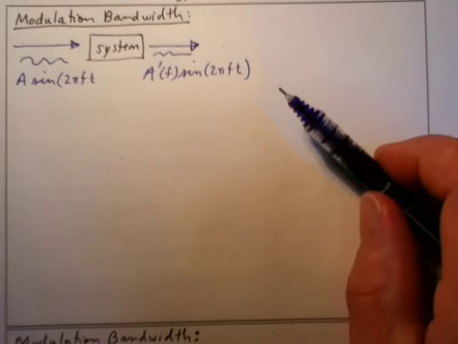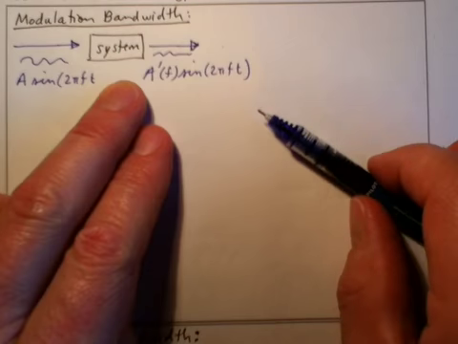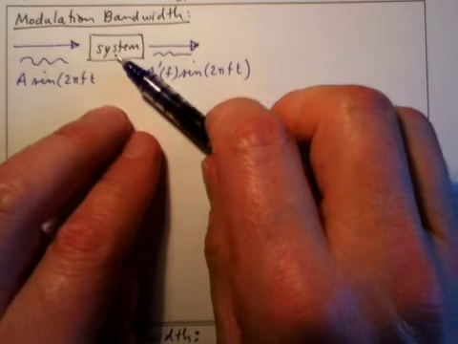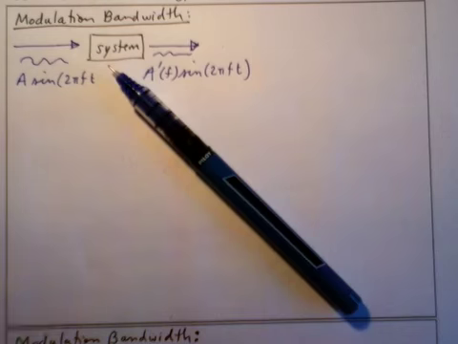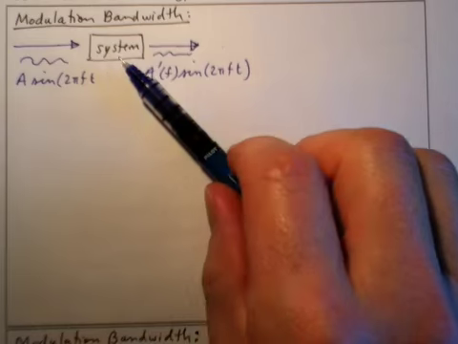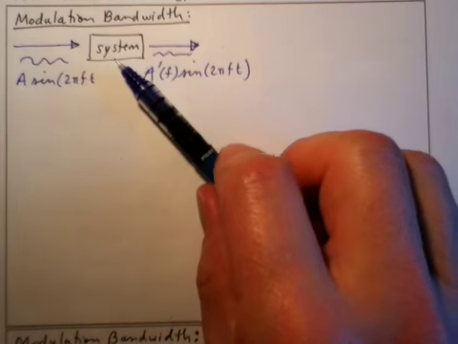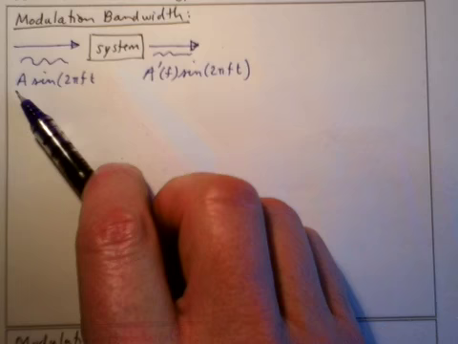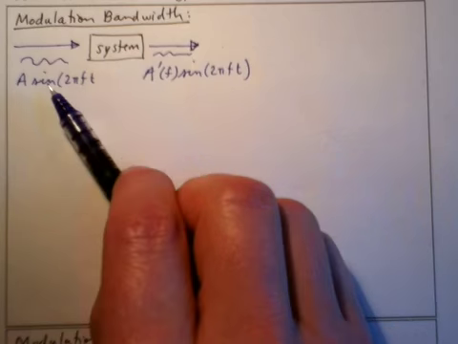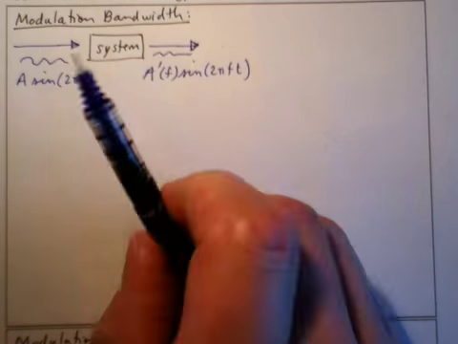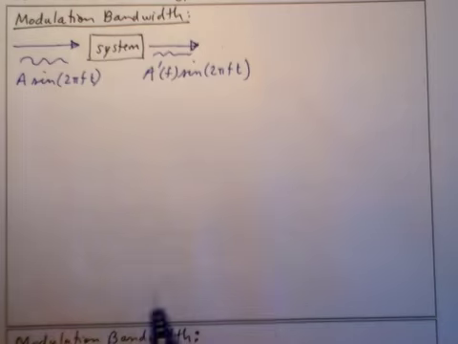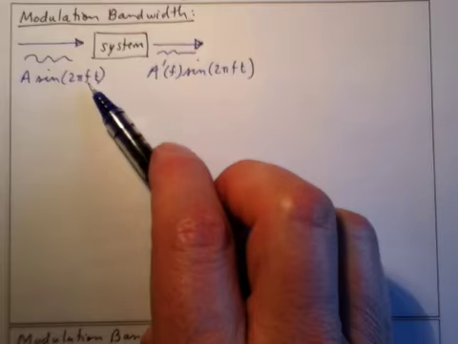So I've got a very general diagram here showing a system which we should, for our purposes, consider as the fiber optic system, a piece of fiber, let's say. And we have as input an amplitude A and a sine wave of frequency F. So we're going to characterize this behavior of the system as a function of the frequency F.